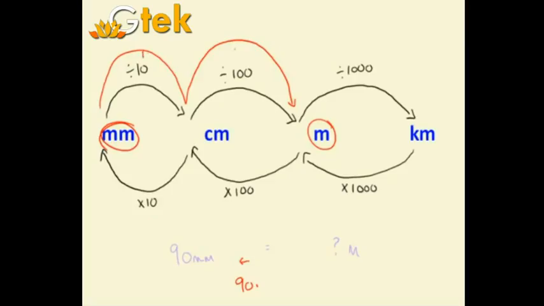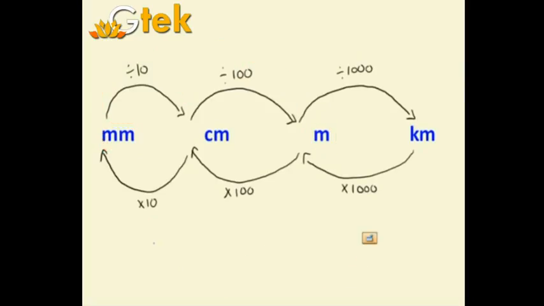So I'm having totally 3 zeros, 1 over here in the dividing by 10 place and 2 over here. So I have to keep my dot before 3 digits. So I'm transferring my dot before 3 digits. So 0.090, right?